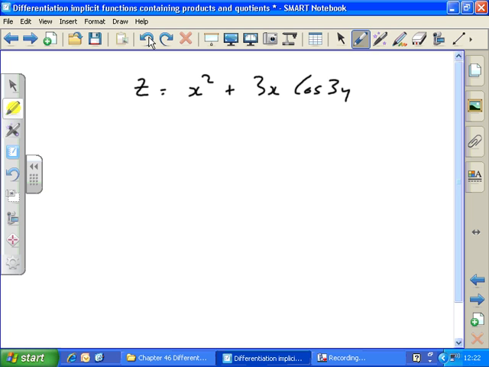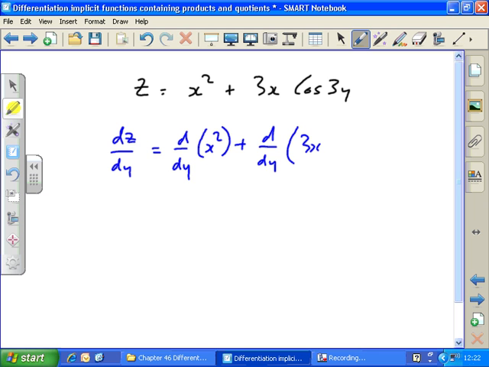So writing it out, dz by dy actually equals d by dy of this bit plus d by dy of this bit. That's effectively what we're doing.